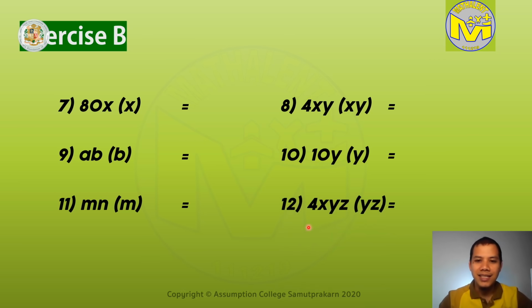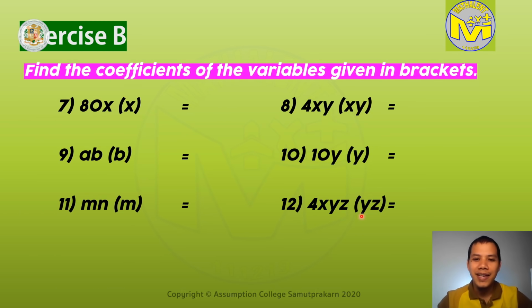Number 12. Last but not the least, we have 4xyz. In the bracket, we have variables y and z. So what is the coefficient of yz? Tell me. Okay.